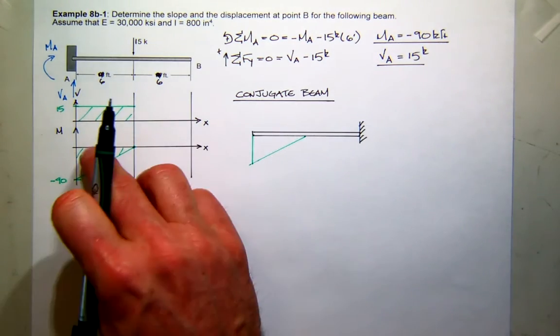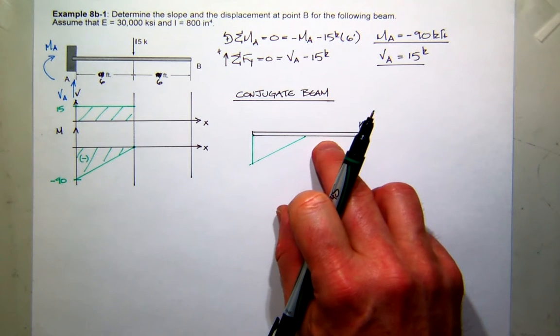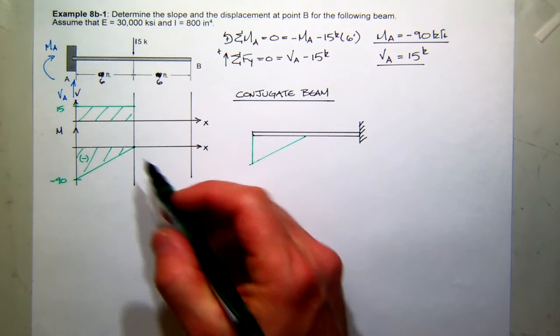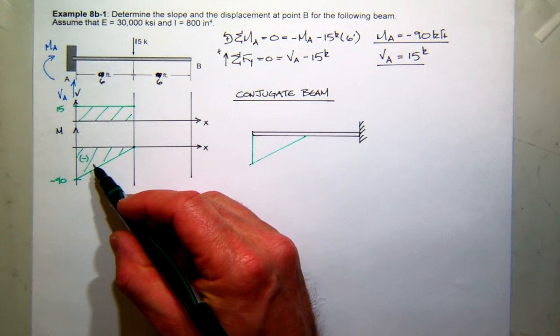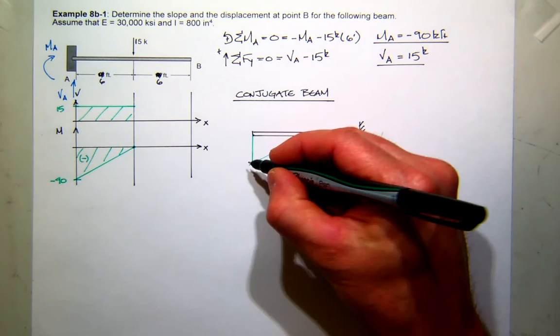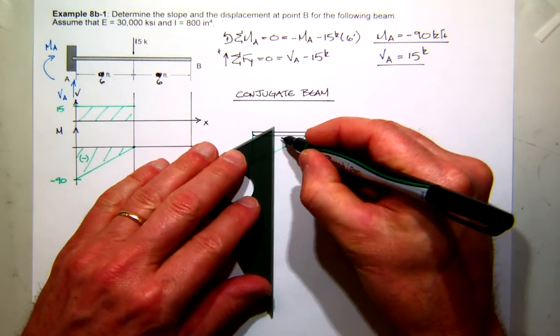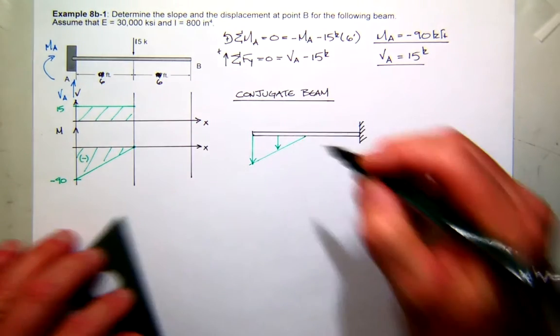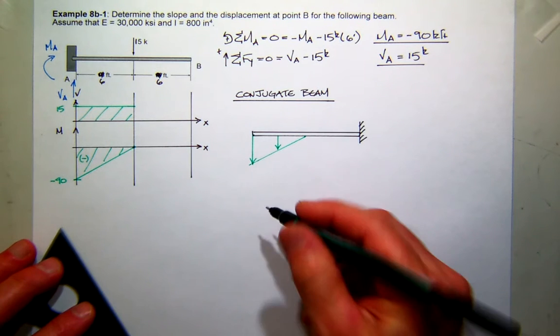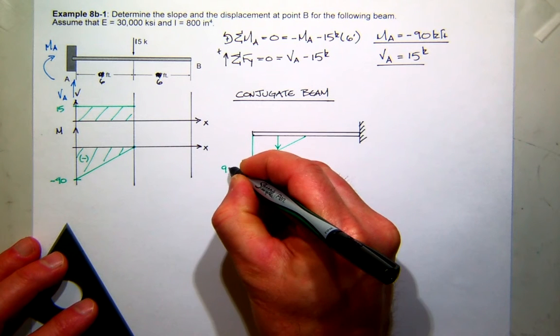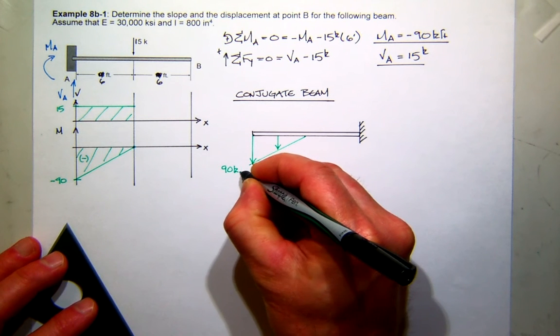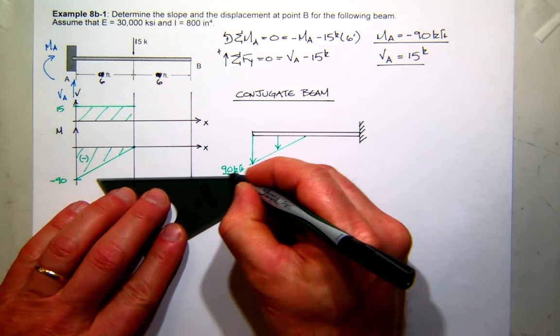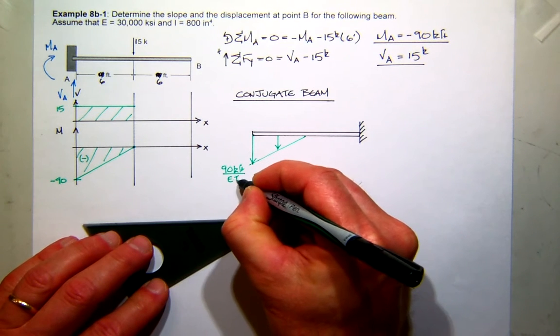Because this is negative moment, I know my forces are down. And I also know my value would be 90, and that's kip feet, because it's a moment, divided by EI.